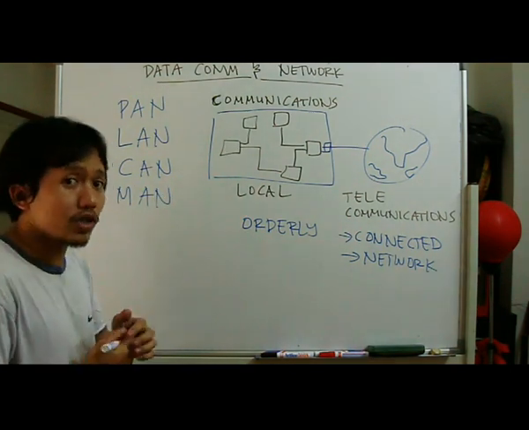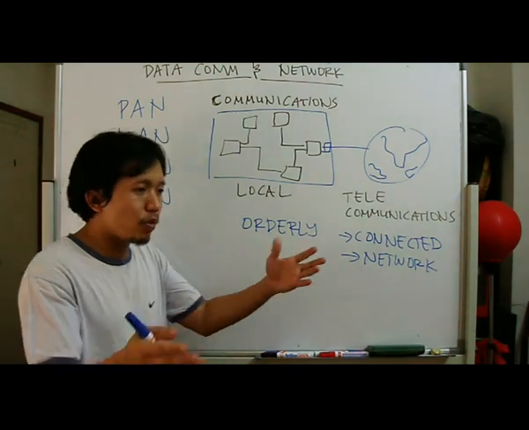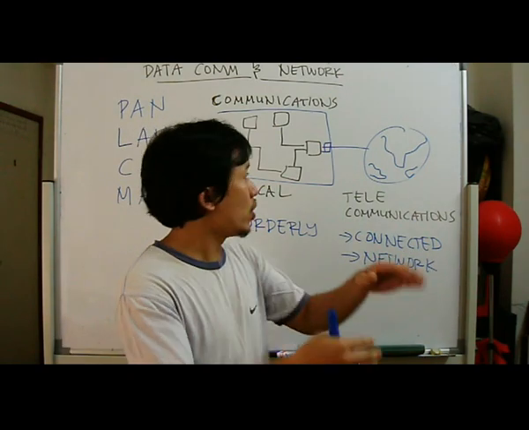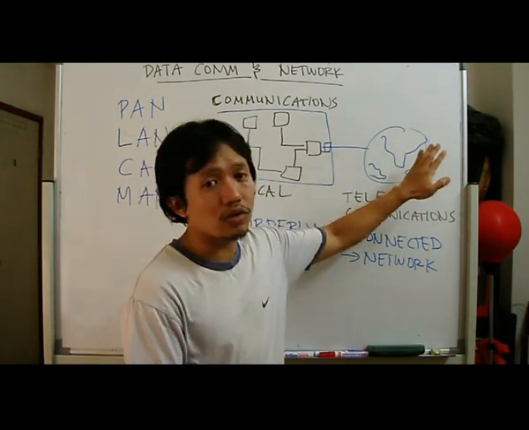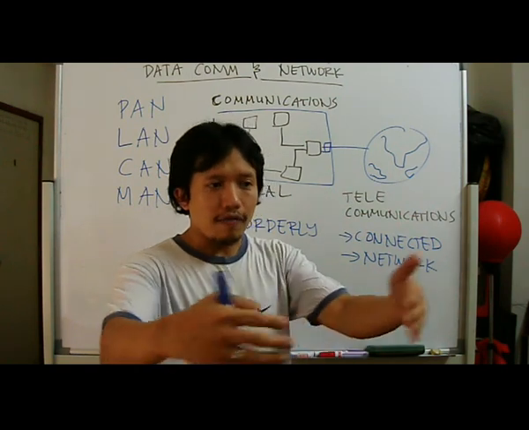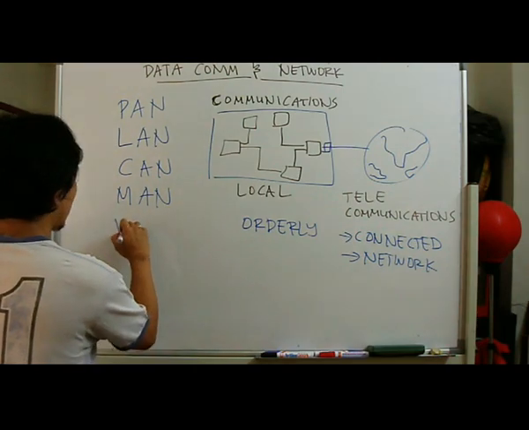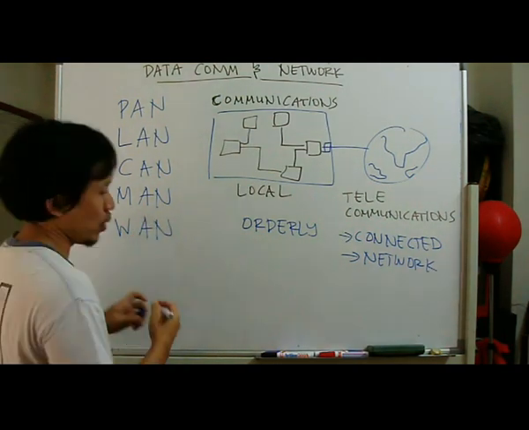From there, we have the metropolitan area network. This is for a city, for example, KL, right? If you have a way of connecting all computers in KL in a network that is not necessarily connected to the outside world, right? Then you have a metropolitan area network for a certain metropolitan city, right? And of course, the largest one is wide area network.